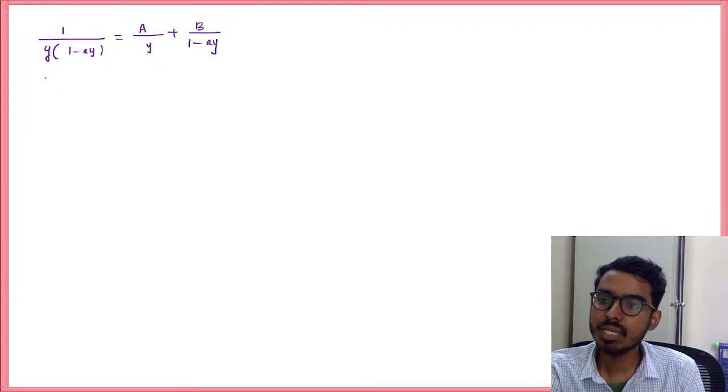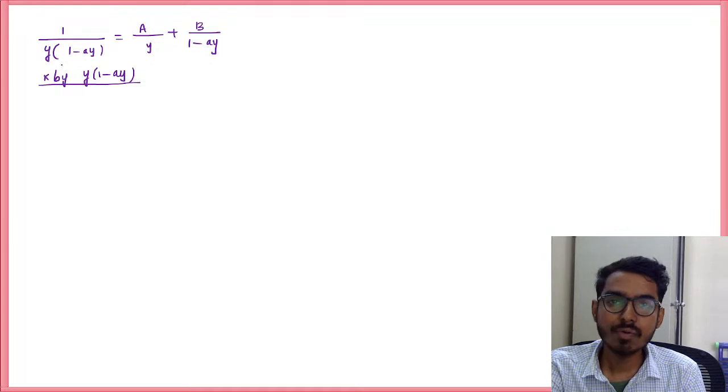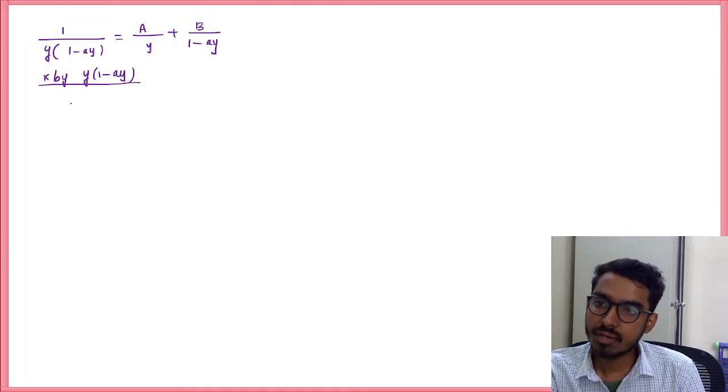Now to find a and b, multiply throughout by whatever you have in the denominator. When you multiply throughout by y into 1 minus ay, this y into 1 minus ay and this y into 1 minus ay will get cancelled, right? Let us write it.